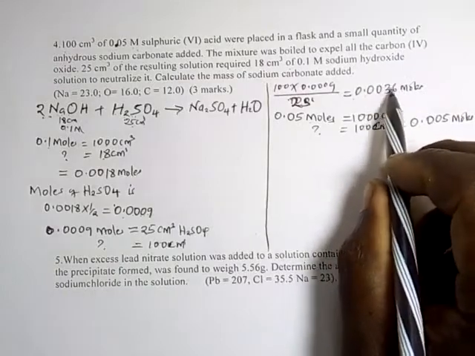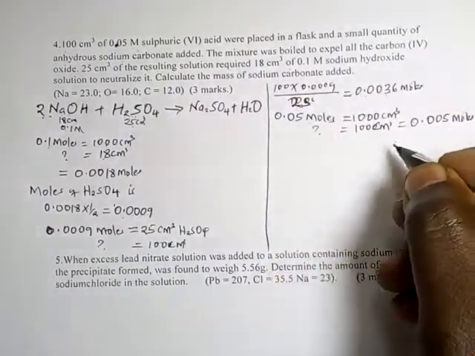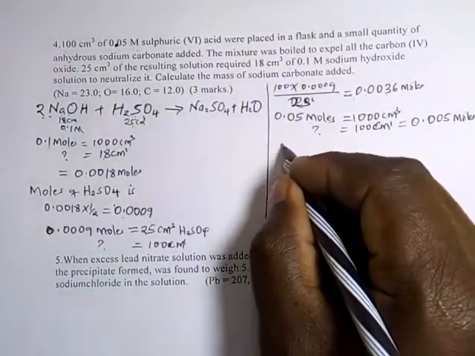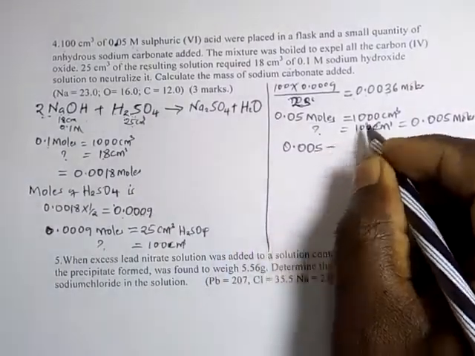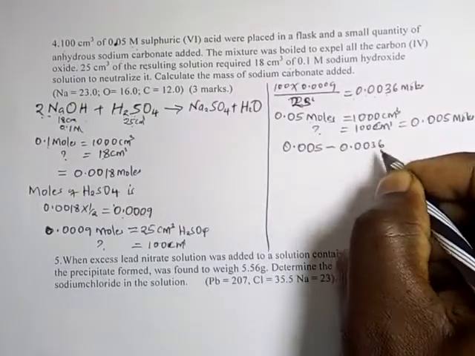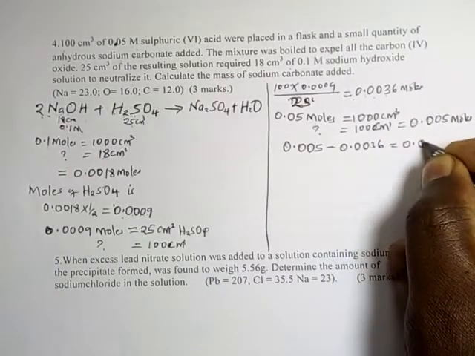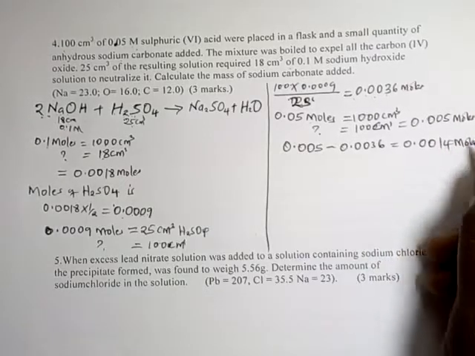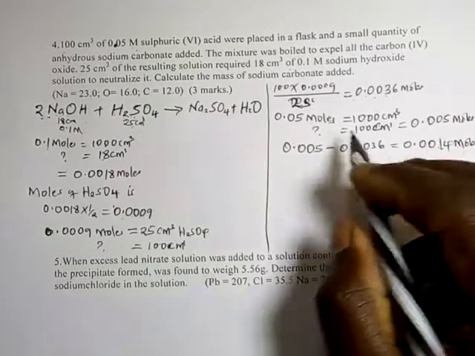But this one has remained after reacting with the carbonate. So we can get the number of moles of the sulfuric acid that reacted with the carbonate. So that is 0.005 minus what remained, 0.0036. Right? So this one is going to give us 0.0014 moles. And this is the number of moles of sulfuric acid that reacted with the carbonate.